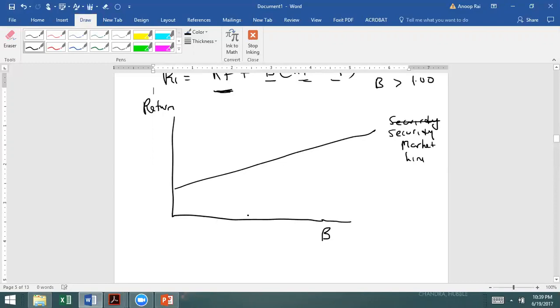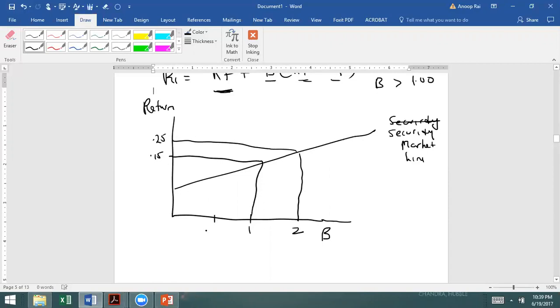Well, here it is. If it's a beta of 1, we said the return, or the required return, what you should demand is 15%. If a stock's beta is 2, then we calculated it as 25%.